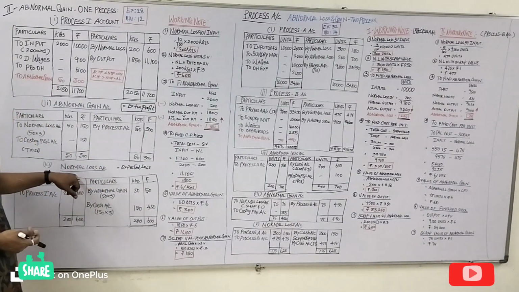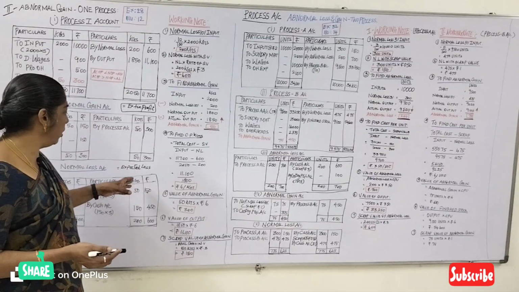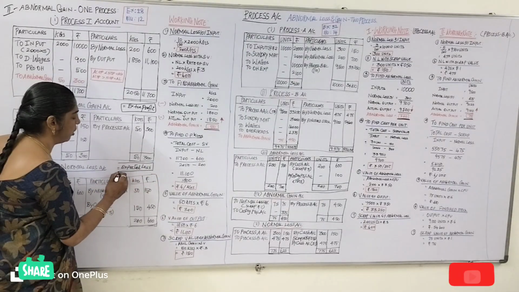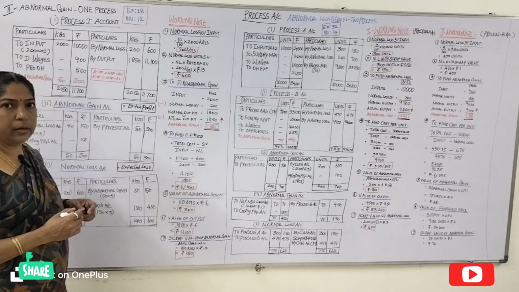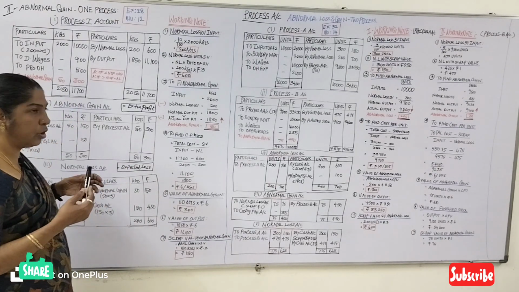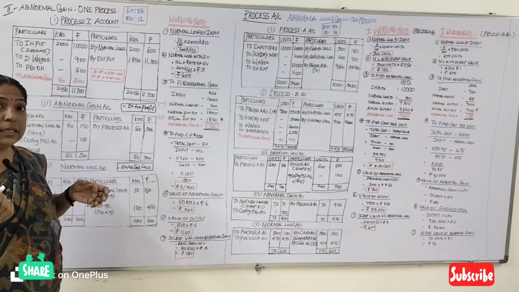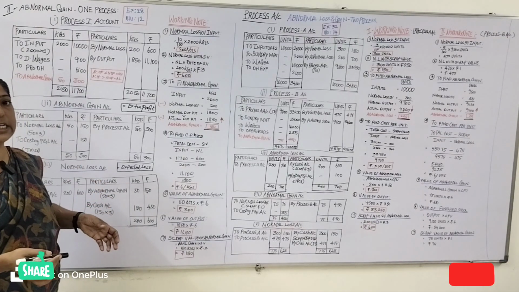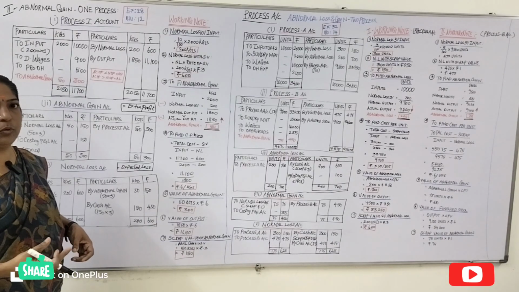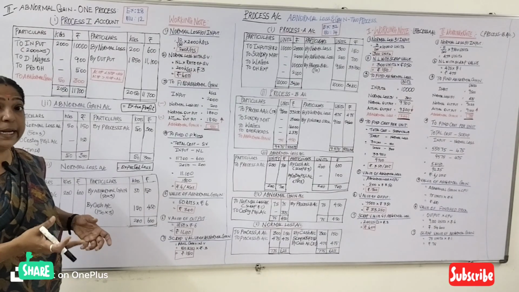Now, we are going to prepare the normal loss account. What is meant by normal loss? Normal loss means expected loss. If you are running manufacturing industries, during production there happens the expected loss, while molding the soap, while evaporating, while heating the oil.